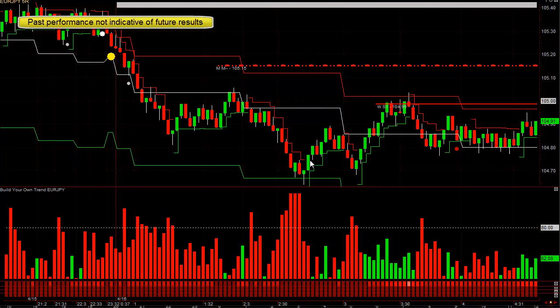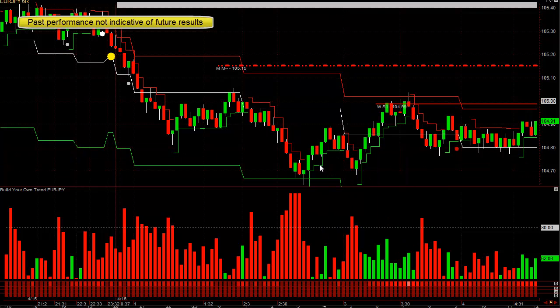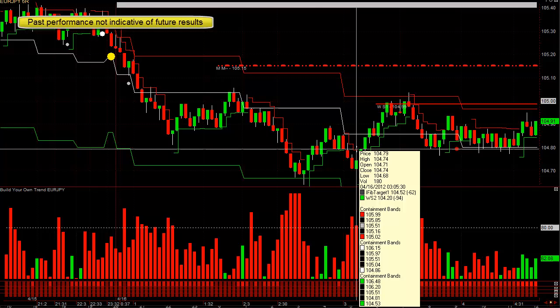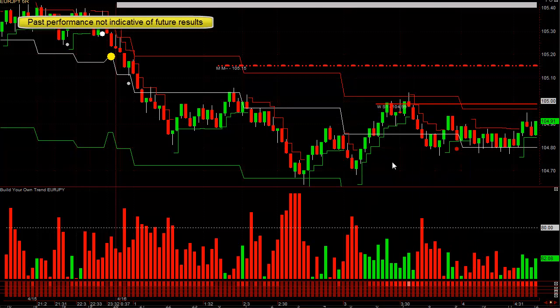You make another 8 pips. That's almost an entire day's worth of profit right there. If you flipped and went long, let's just say when it went above here, 74, even if you got out right here at 79, a little pullback right here, in at 79, out at 93, a little bit over 10 pips, and so forth.